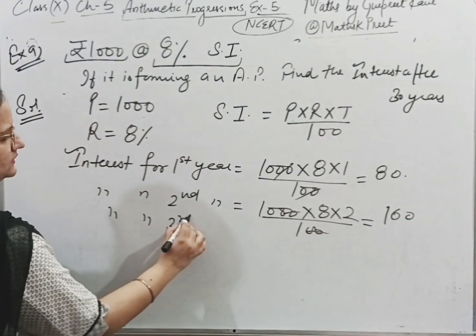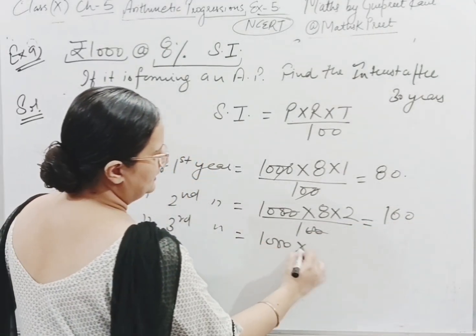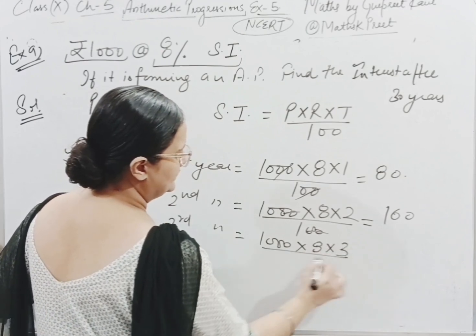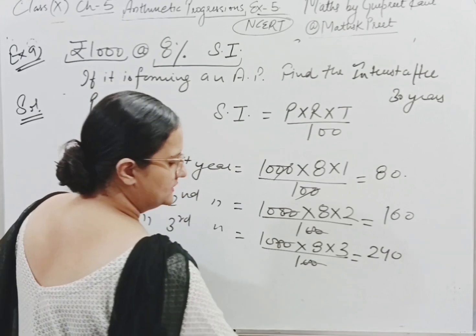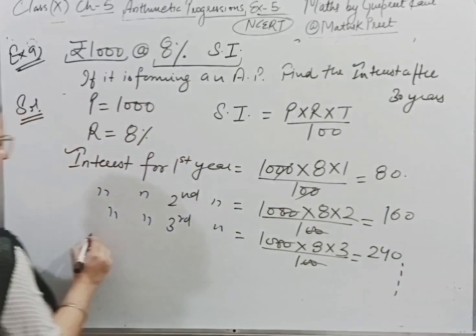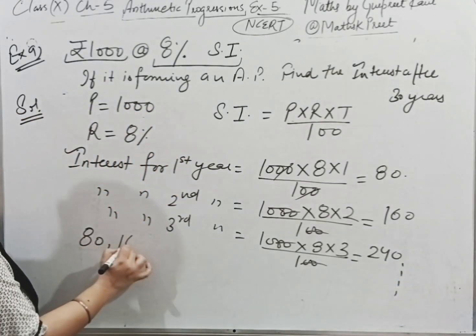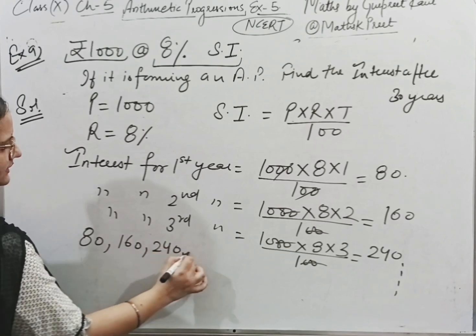Interest for the third year, 1000 into 8 into 3, so I am getting 240. So this is the sequence: 80, 160, 240 and so on.